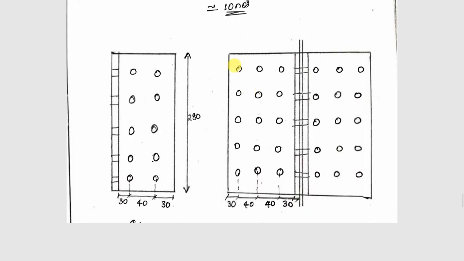So 15 number of bolts, 5 in each line. So you have to provide it in 3 lines. So pitch and edge are calculated as 30, 40, 40 and 30. So now if you add all this pitch and edge, you will get the dimension of this angle length. So it will be 150 mm.